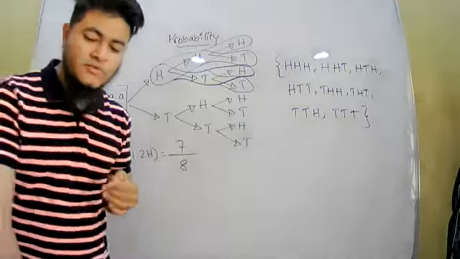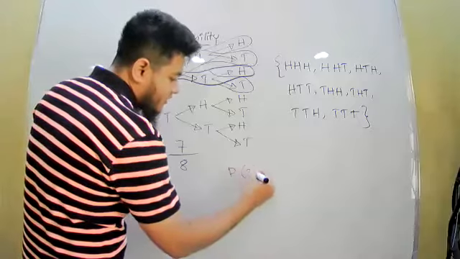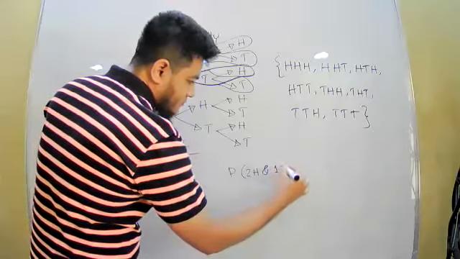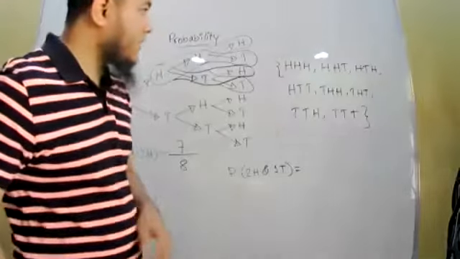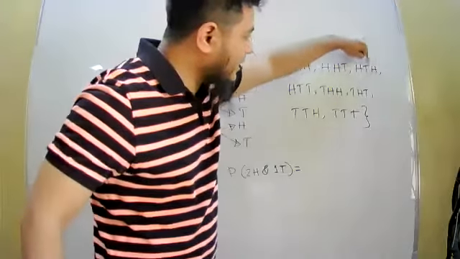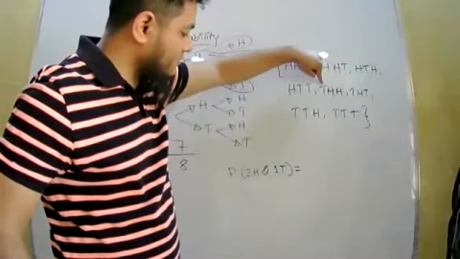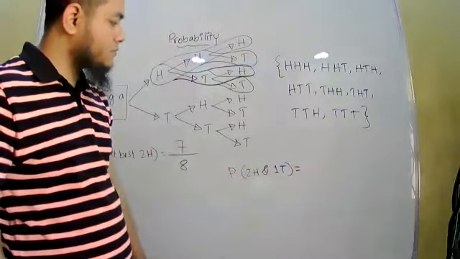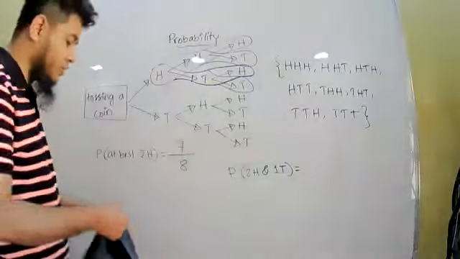Now if they specifically mention that, let us say they have told us what is the probability of getting two head and one tail. তাহলে দেখো এই যে two head one tail, this is our favorable outcome. দুইটা হেড আর একটা টেল, this is also favorable outcome. এই যে দুইটা হেড একটা টেল, favorable outcome. কি বলছে বুঝতে পারছো? 3/8 হবে। 3/8. So you have to check in this way. I hope you understood.